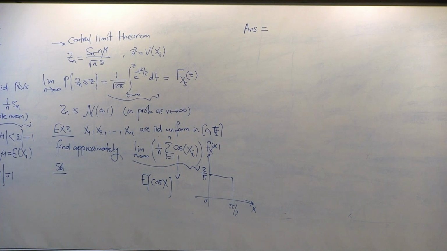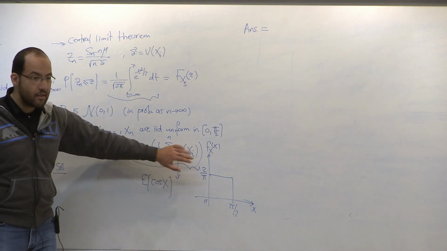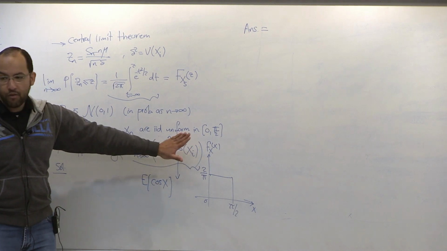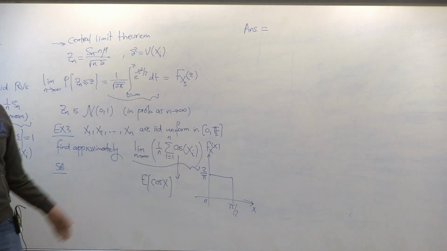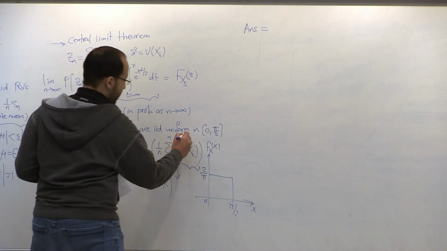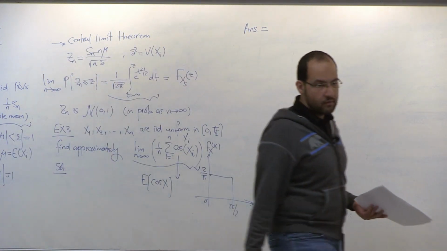Immediately using the law of large numbers, right? This is 1 over n, Sn, right? That's the whole thing. This is some Sn, and here your random variables are Y's. You can call them Yi, where each one of these Yi's is a cosine, right?